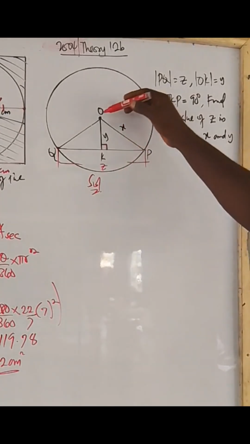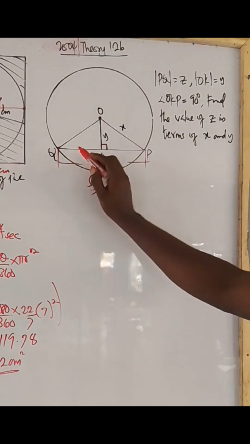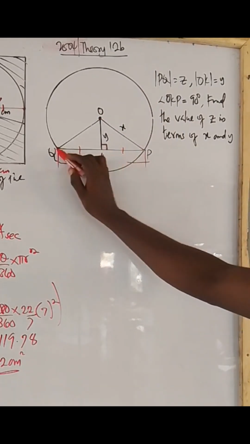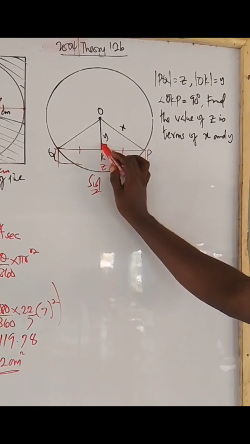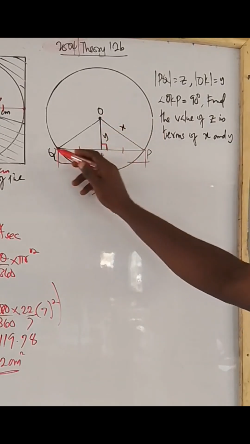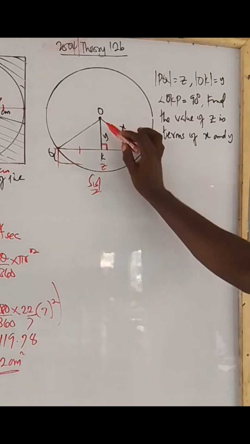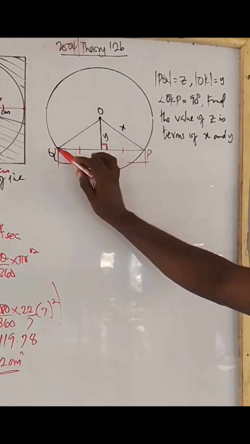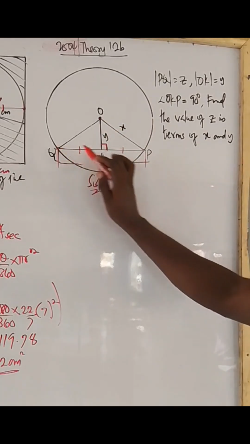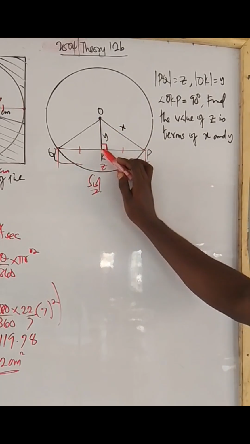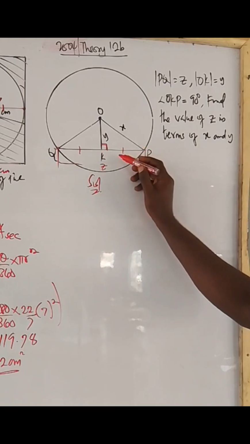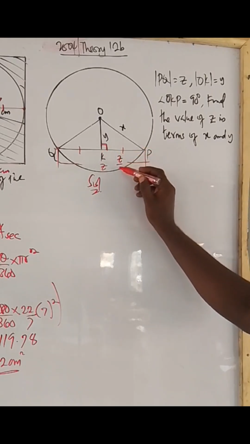Any line drawn from the center of a circle to bisect a chord, this chord QP, is perpendicular to it. A line that bisects a chord must be perpendicular to it, meaning any perpendicular line from the center of a circle will bisect a chord. So if from here to here is Z, it means from here to here will be half of Z, or Z over 2.